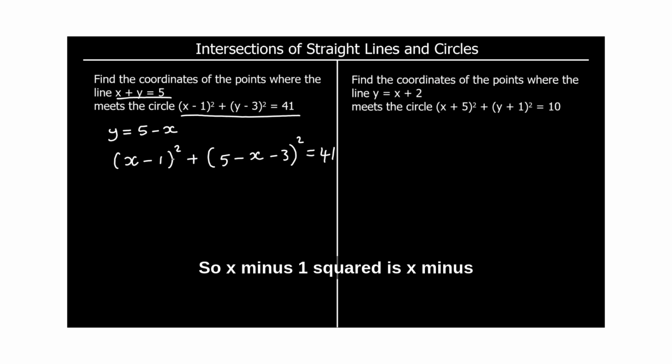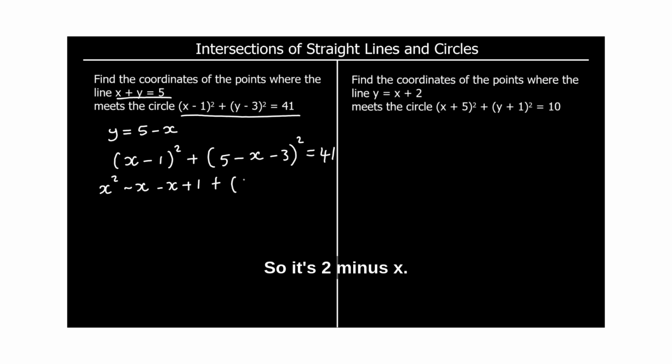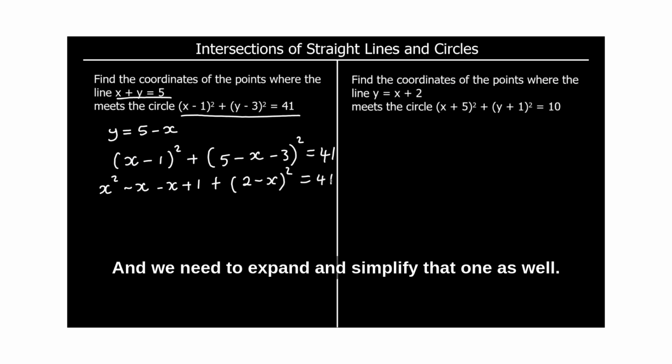So (x minus 1) squared is (x minus 1) times (x minus 1). If we expand that, we get x squared minus 1x minus another 1x plus 1. And then our second bracket, 5 take away 3 is 2, so it's (2 minus x) squared, and we need to expand and simplify that one as well.